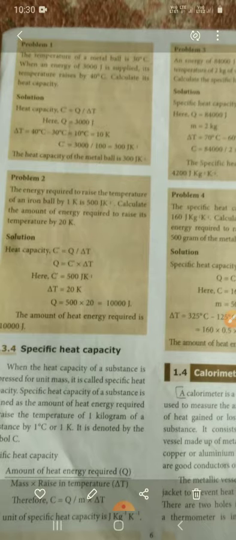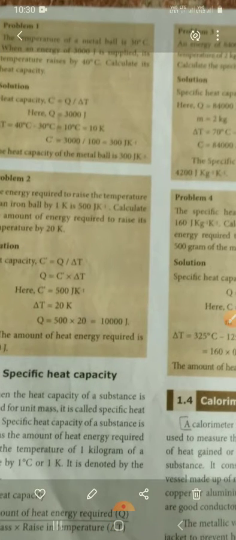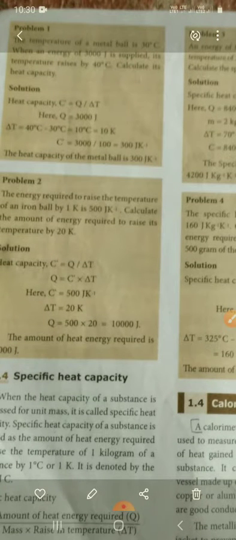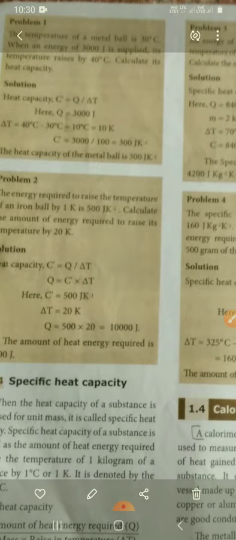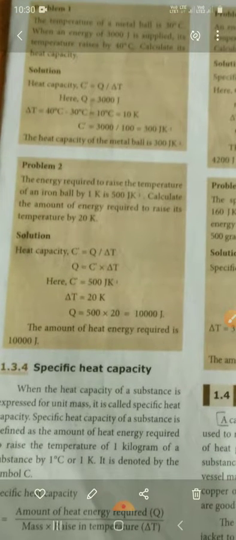Solution: the heat capacity formula is C equal to Q divided by delta T. Here Q is 3000 joule and delta T is 40 degrees Celsius minus 30 degrees Celsius, which gives 10 degrees Celsius, equal to 10 K. So 3000 divided by 10, the heat capacity of the metal ball is 300 joule per kelvin. Okay, this is the first problem.